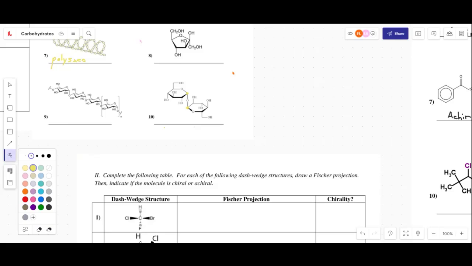So if I look at those two anomeric carbons, neither one has an OH attached to them. They can't be reducing sugars because there's no hemiacetal. So it's non-reducing and it's a disaccharide.